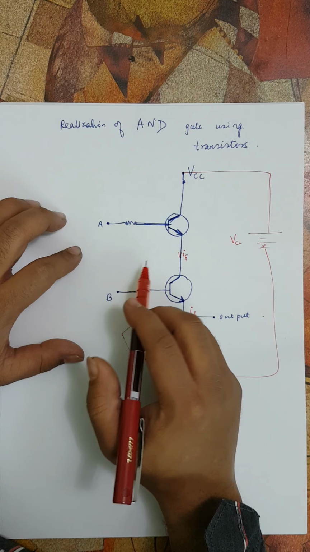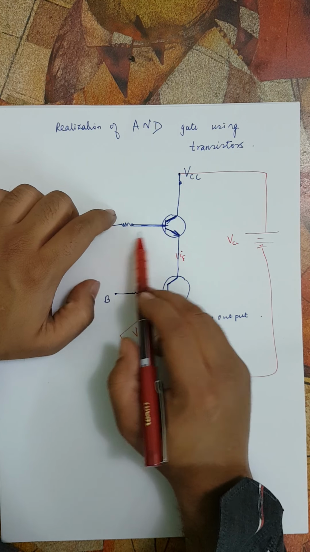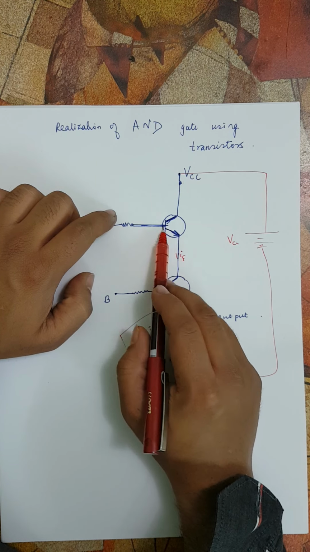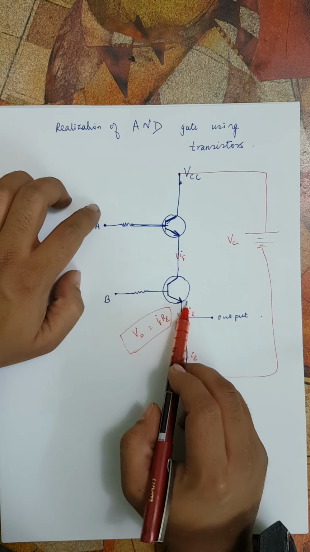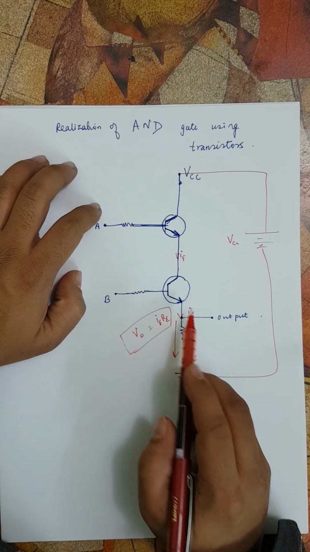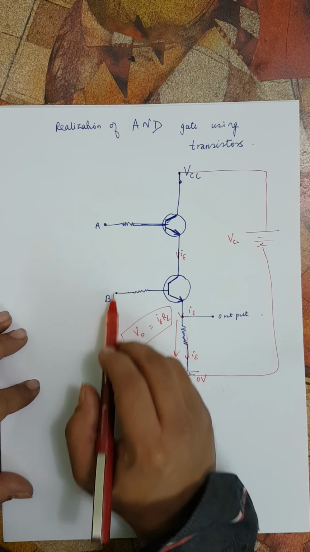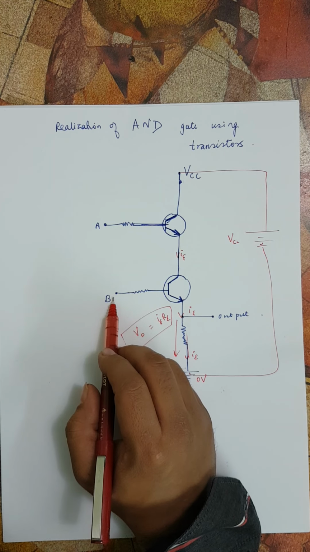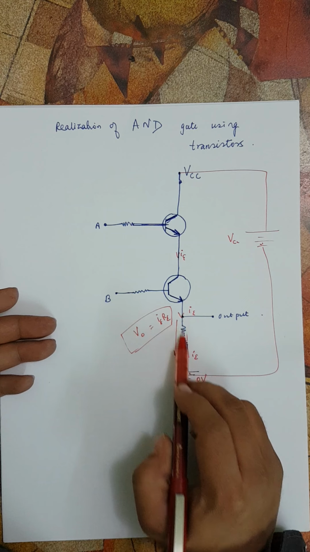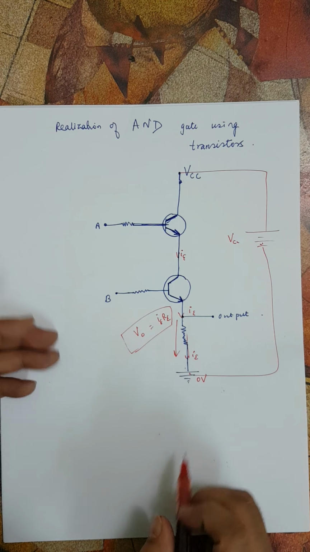What we require only is just forward biasing both of these base emitter PN junctions, so that they will allow the emitter current to flow. If only one is working, and another is not working, we will get no current, and no emitter current means we will get a zero output.